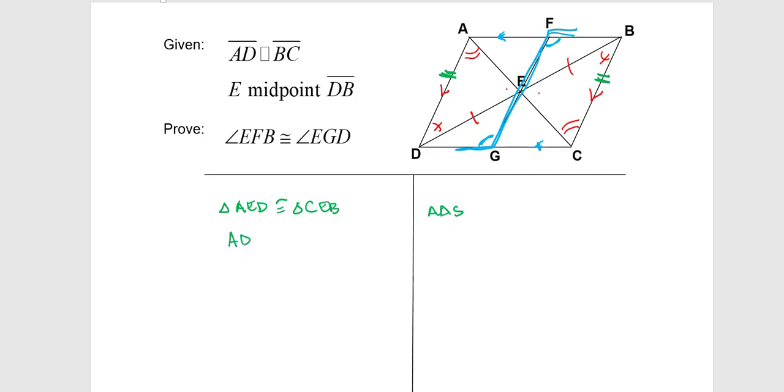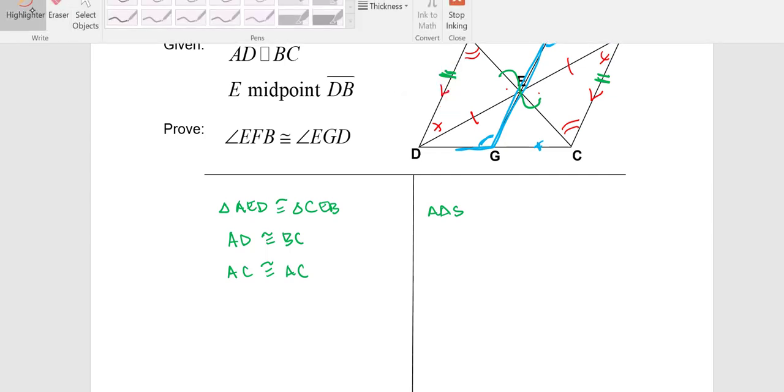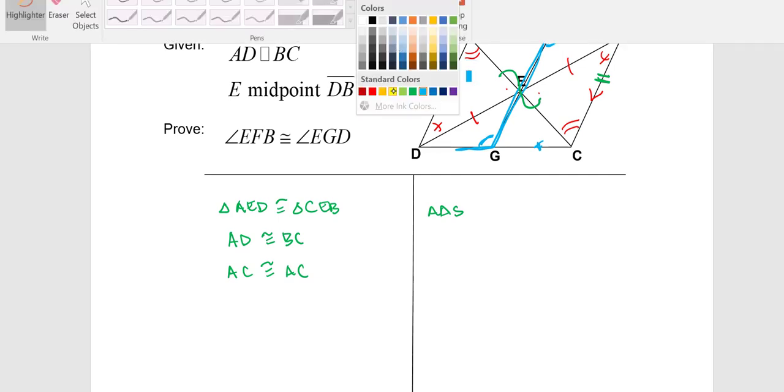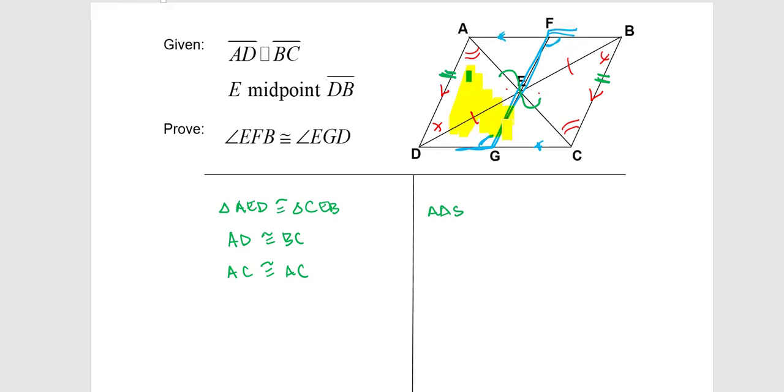So let's do an AD congruent to BC, and I got a reflexive property right there. So that means that AC is congruent to itself right there, which will tell me that these two triangles right here are congruent to each other. So like this one and this one are going to be congruent to each other. Hopefully you can see that.